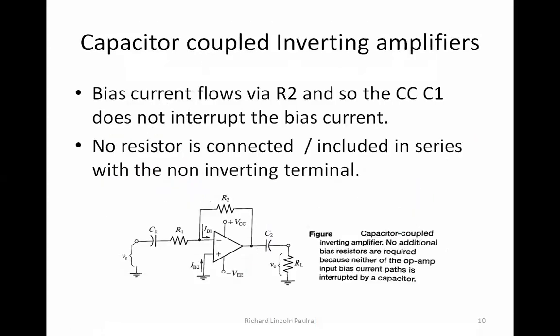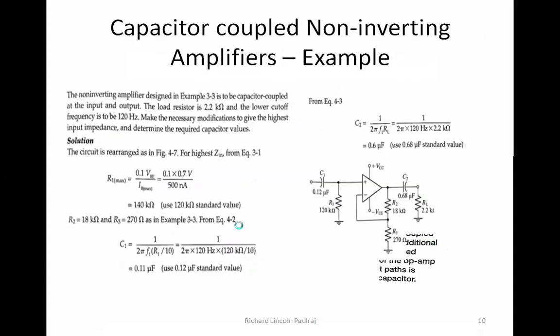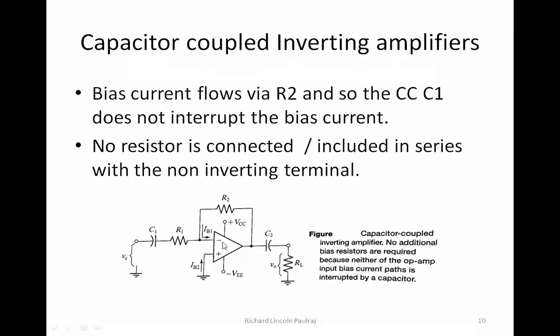Okay. So the next one that we'll be looking into is inverting amplifiers. So inverting is going to be the reverse, right? Which means the inputs are going to be at the negative terminal, unlike the previous one, where we were giving at the positive. So here we're going to give at the negative. Now remember, we were having a resistor R1, right? So here I am getting my bias current from R2. From R2 itself, I'm getting the bias current.